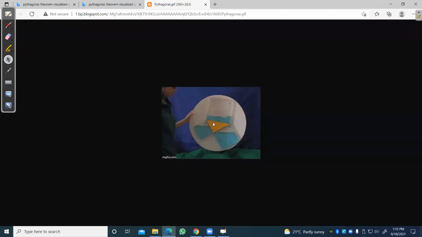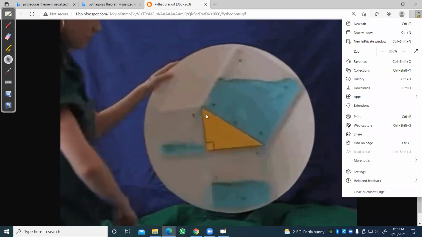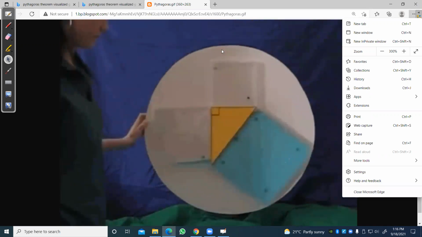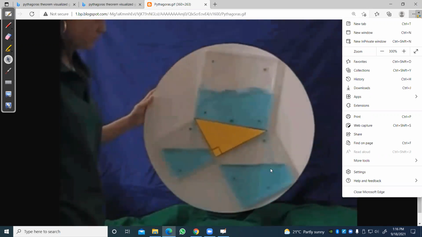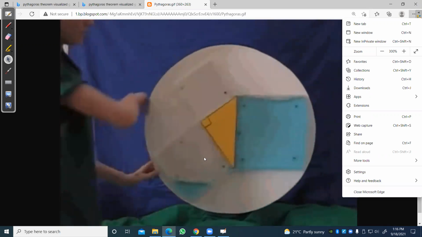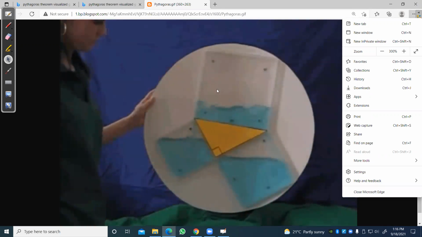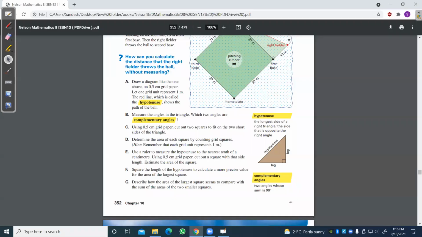This is side C. Can I zoom in on this? Yeah, I can. See the longest side? That's opposite the right angle, side C. And this is a square, right? They're all 3 squares. This area is equal to this area plus this area. The area of C equals the area of A plus the area of B. A squared plus B squared equals C squared.